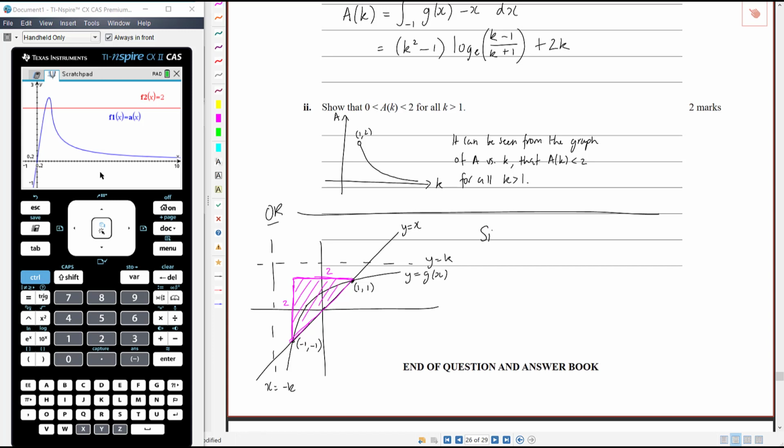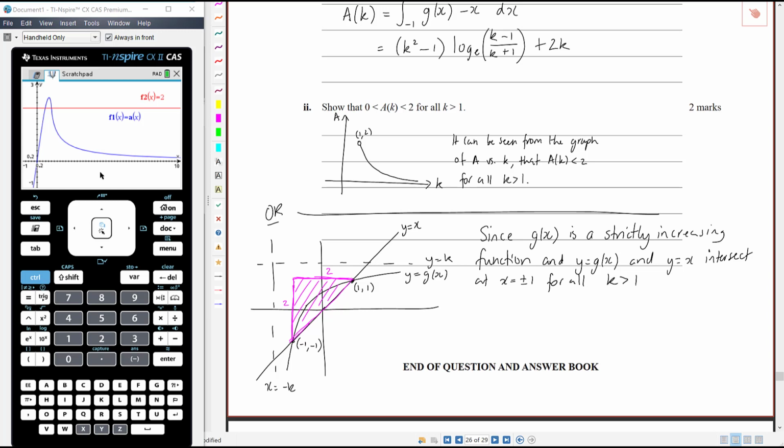Okay, so since g of x is a strictly increasing function, and y equals g of x and y equals x intersect at x equals ±1 for all k bigger than 1, so whenever k is bigger than 1, and for all x bigger than -k, so that is x bigger than -1, this means that g of x is bigger than x for x between -1 and 1.